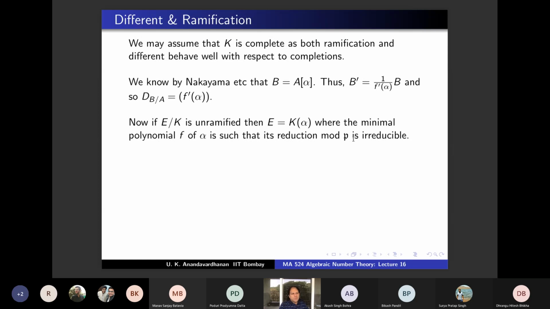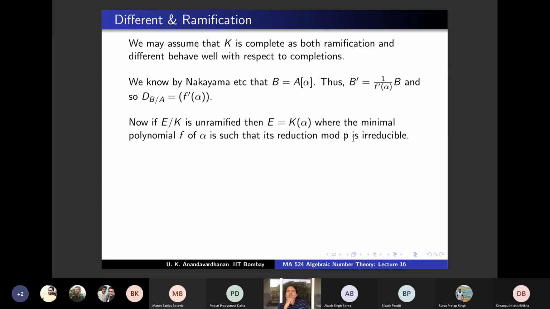So now the question is, what can you say about f prime alpha? And the conclusion is, I am going to say that f prime alpha is a unit. Why? Because if f prime alpha is not a unit, then it is inside P. What we know is the reduction mod P of f is irreducible.